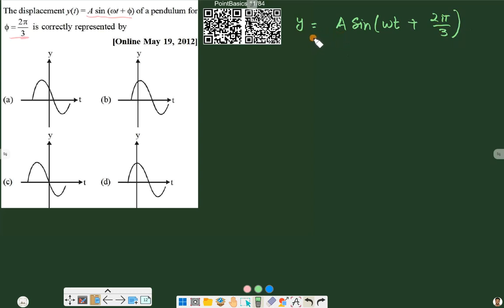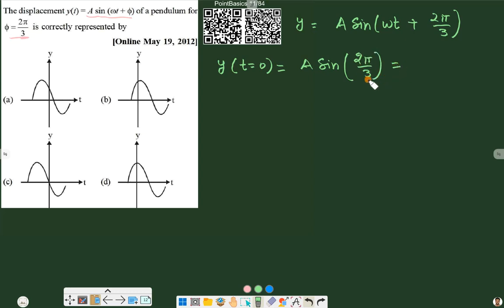So what we can do here is find the value of y when t is equal to 0. So at t equal to 0, the omega t term will reduce to 0, and we will have a sine 2 pi by 3.